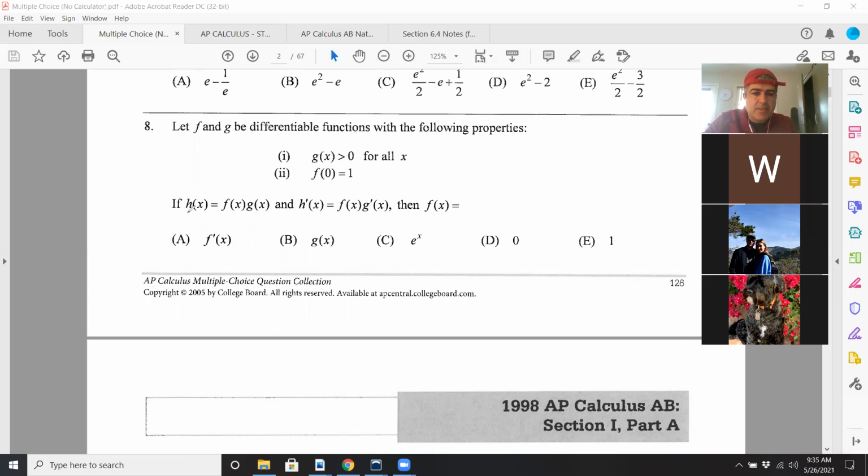Okay, so let's work this out. So h of x is this, and h prime of x is this. That's interesting.